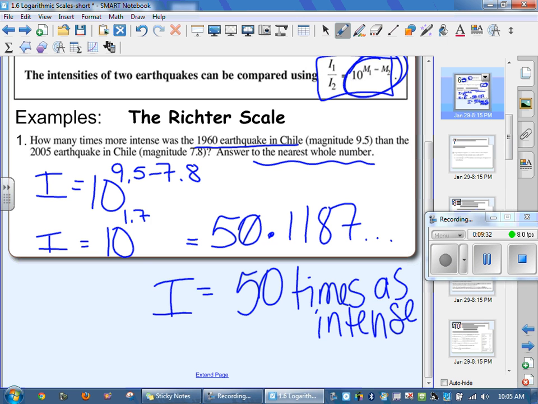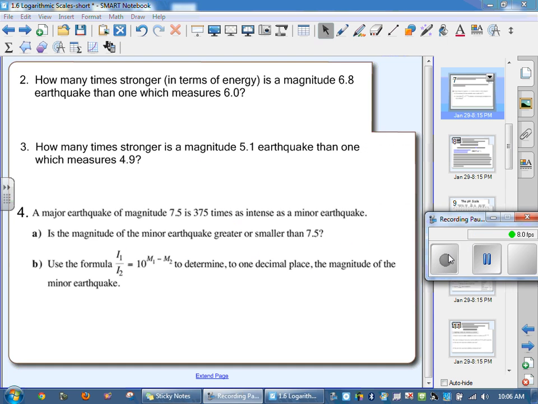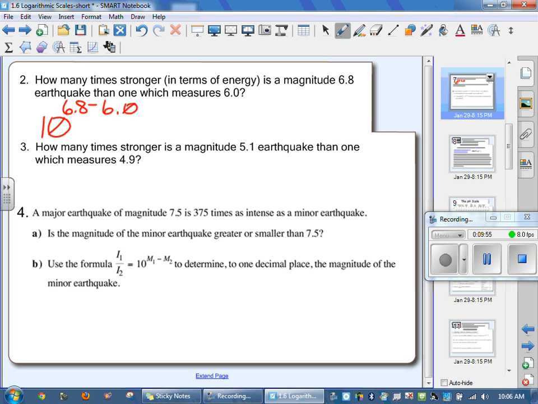Okay, here are a few more for us to take a look at. Number 2 says, how many times stronger in terms of energy is a magnitude 6.8 than one which is 6.0? Well, you're going to take the big, subtract the small. So it's 10 exponent 6.8 subtract 6.0, and you're going to get 10 exponent 0.8.